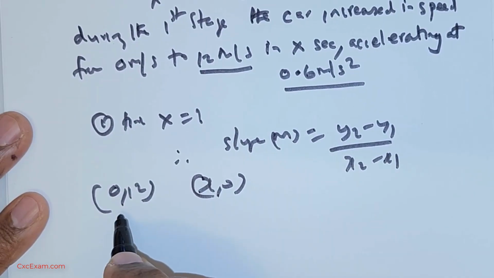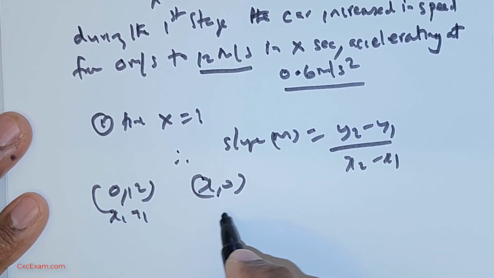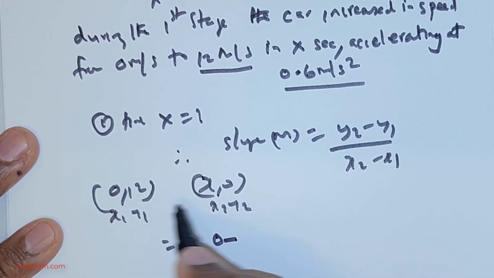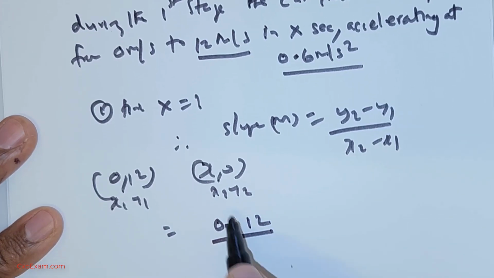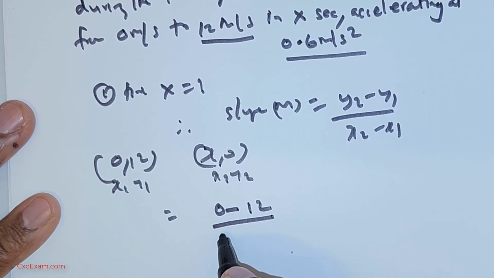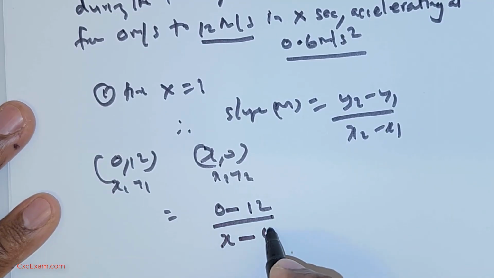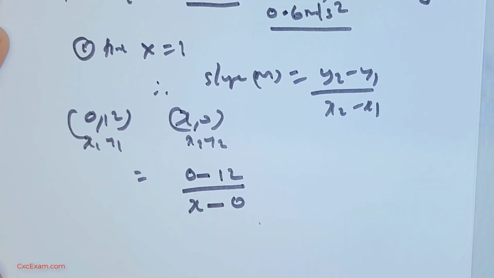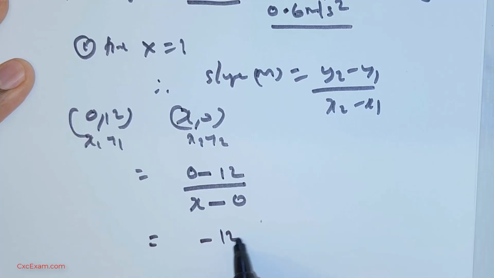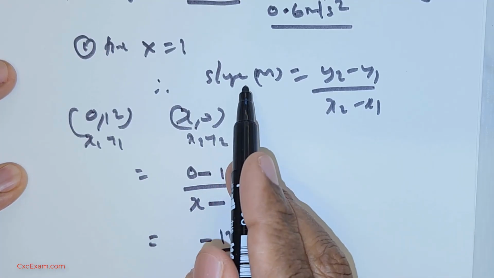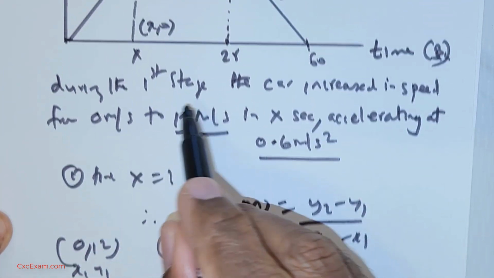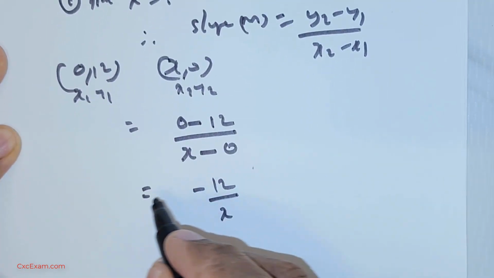If I take this point as x1 y1 and x2 y2, this is going to be 0 minus 12 divided by x minus 0. Okay, so we got negative 12 divided by x, and on the left, as I mentioned, the slope value is given as 0.6.